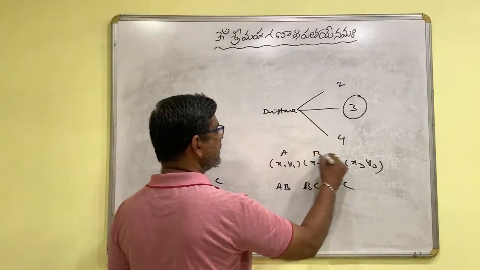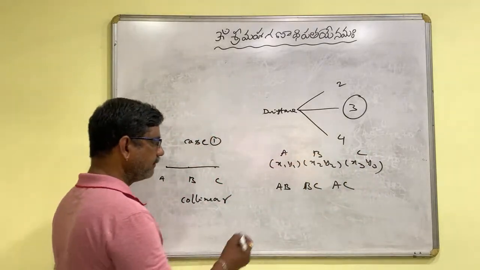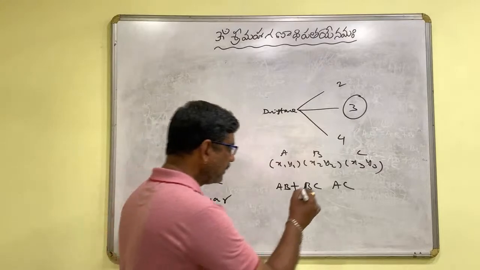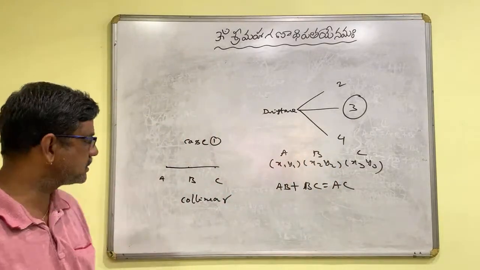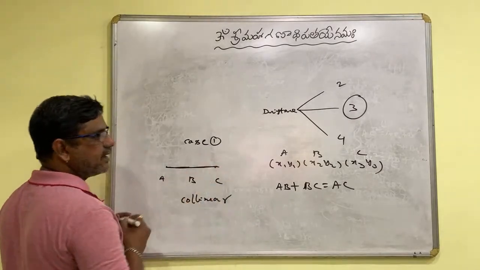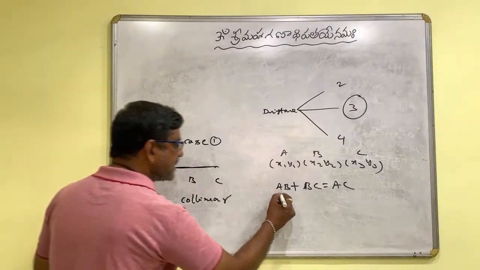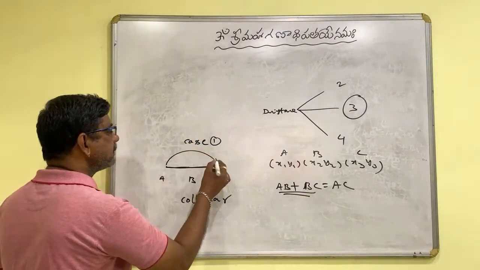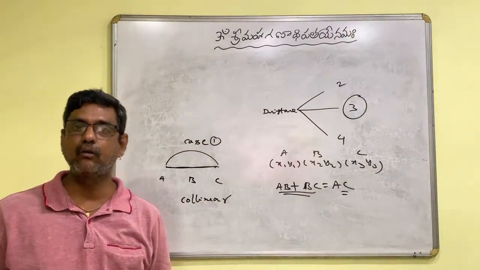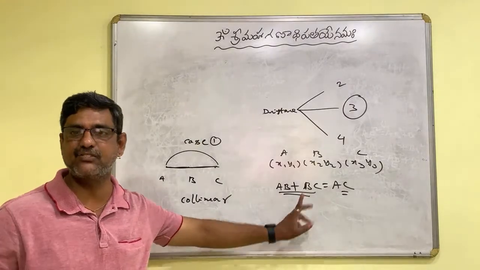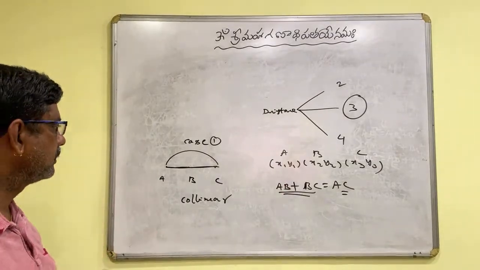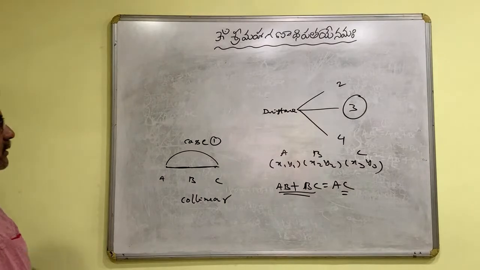Suppose these points are A, B, C. If AB plus BC is equal to AC, that means the sum of the distances AB and BC equals the distance AC, then we can say all the 3 points are collinear if this condition is satisfied. Okay, children? They are collinear. This is what case 1 says.